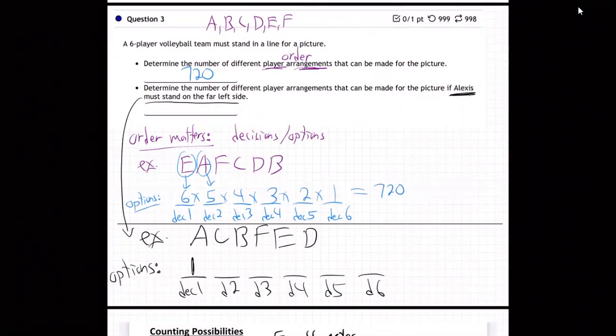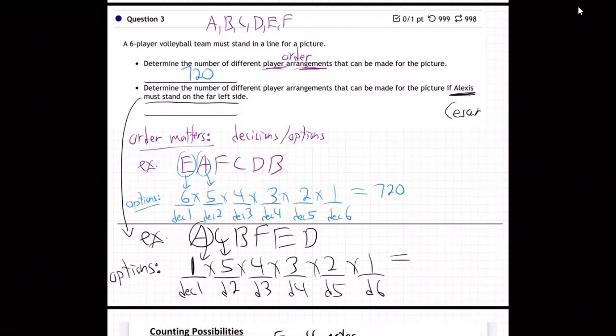I had to put Alexis first. You might have Caesar or some other name. Whatever, they're telling you who you have to put first. So you've only got 1 option there. You've got to put that person first. And then for my next spot, I had 5 options because there's 5 other people left to choose from. And then my next one's 4, 3, 2, 1.